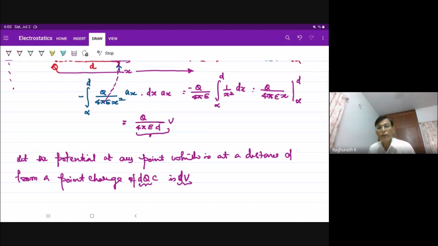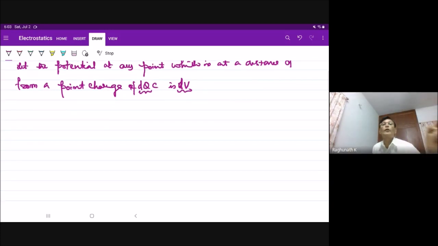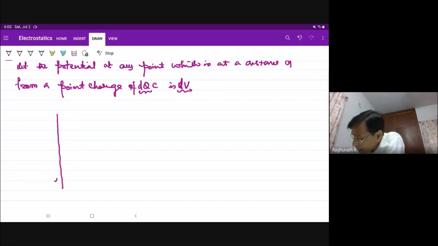Now, our target here is only to put the integrals. If I have a line charge with charge density rho L, I will consider a point.